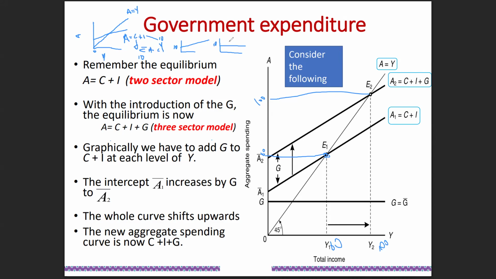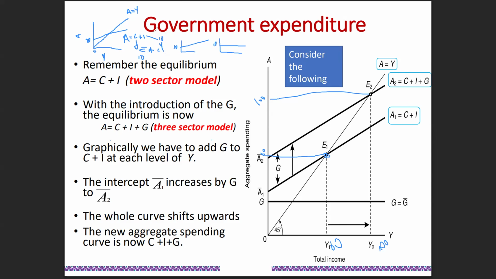Now, grouping them together, we add these two figures, 10 plus 10, to get 20, so that we can have the curve for aggregate expenditure, because in a two-sector model your aggregate expenditure is made of C plus I. C consists of autonomous and induced consumption, and your autonomous consumption is independent of income, so even if your income is zero, it is 10.